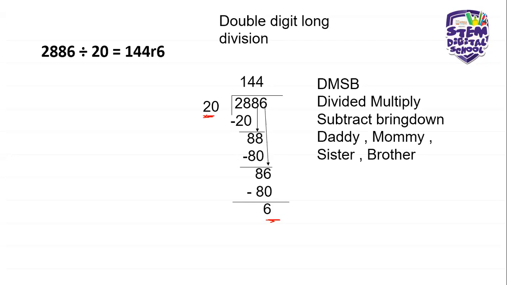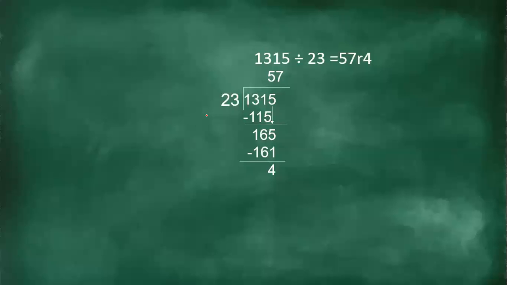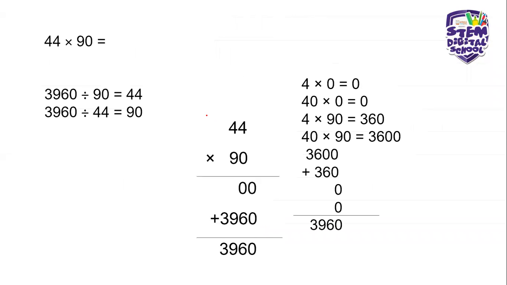That's all you do. Let me also touch on multiplication again. Say 44 multiplied by 90. 0 multiplied by 4 is 0.